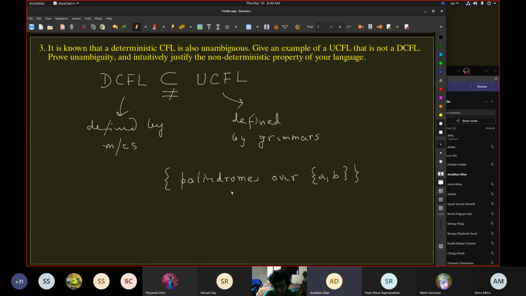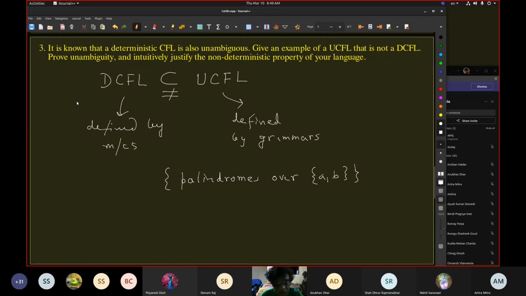Sir, there is no good way of determining the middle of the string. So any PDA that accepts this language will have to guess the center of the string and then validate the remaining portion. So it's not possible in a deterministic fashion, but then this is just an intuitive justification.